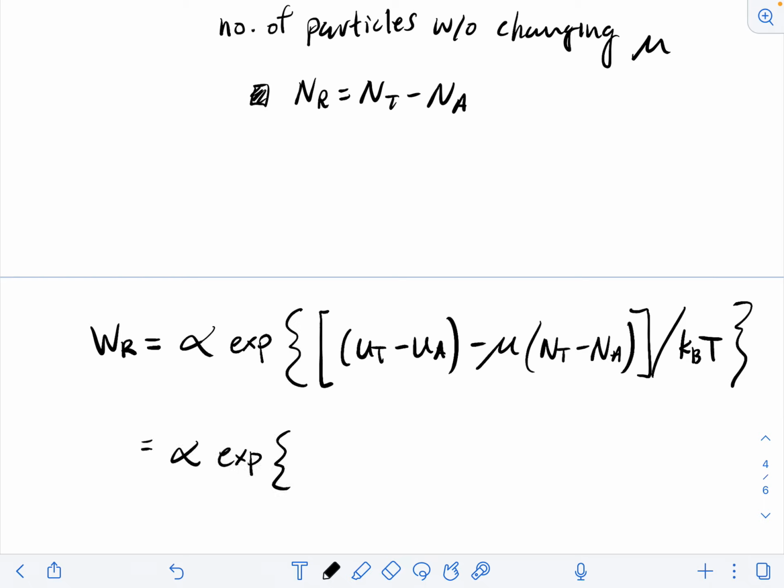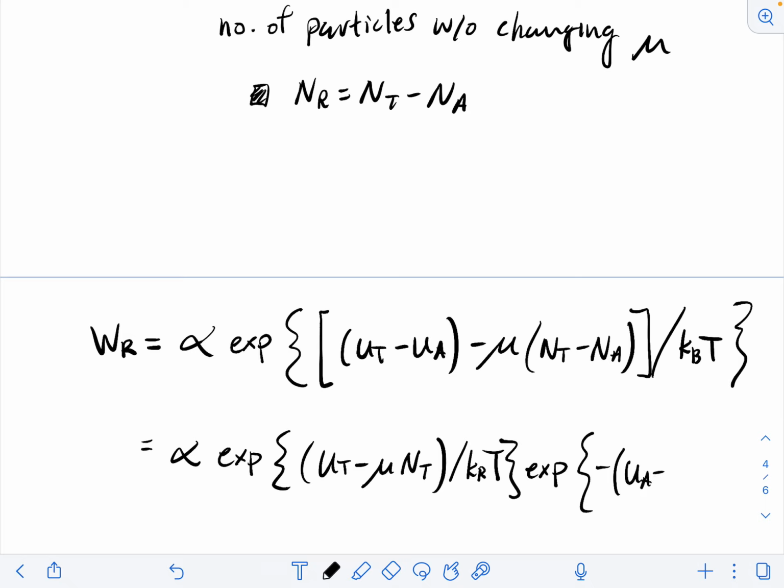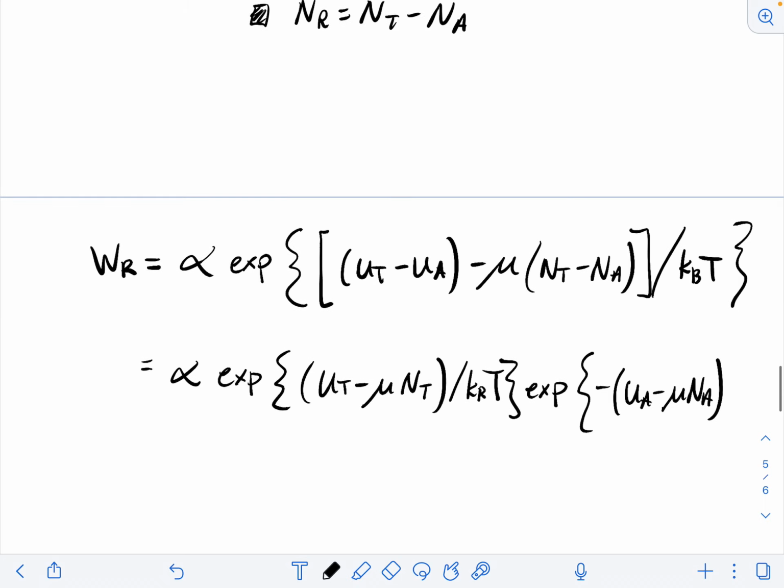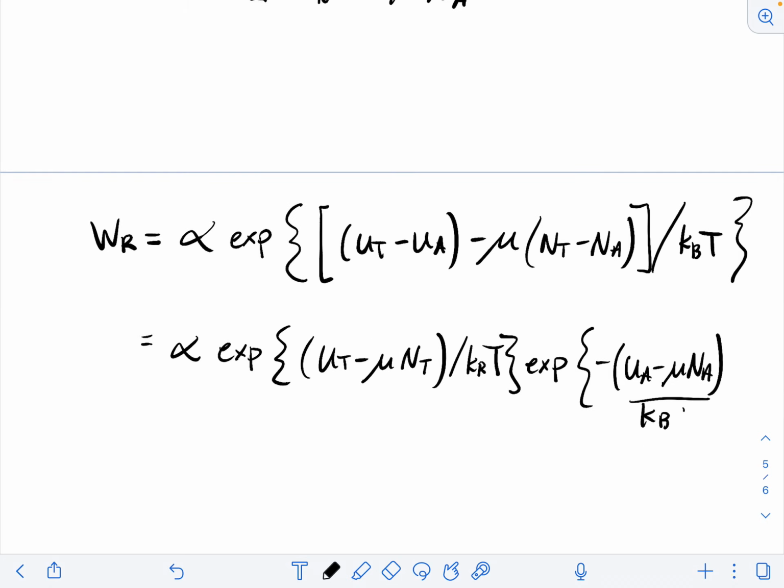One will be an exponential involving the totals, so total internal energy and total particle number of the entire ensemble. The second exponential involves the energy and particle number of system A, and I have to sneak in a 1 over kBT here.